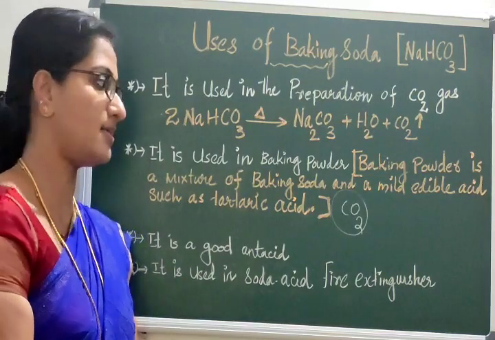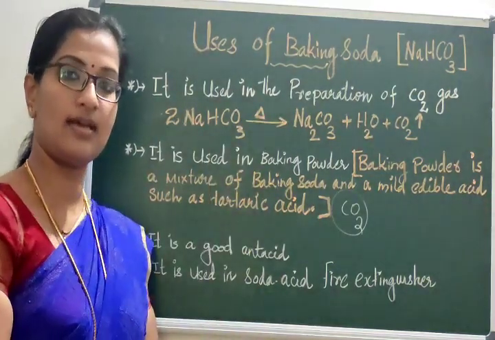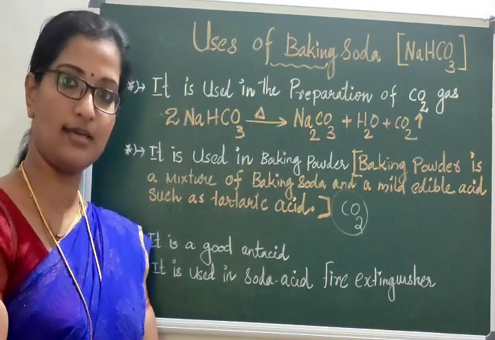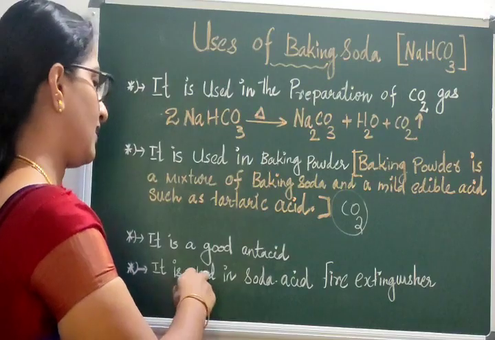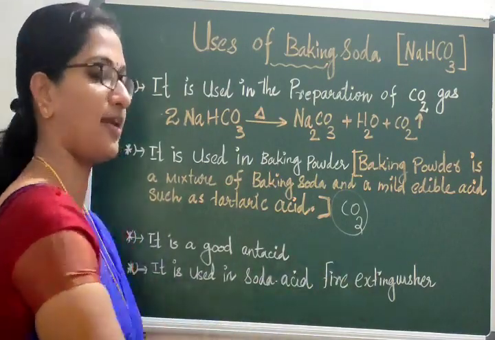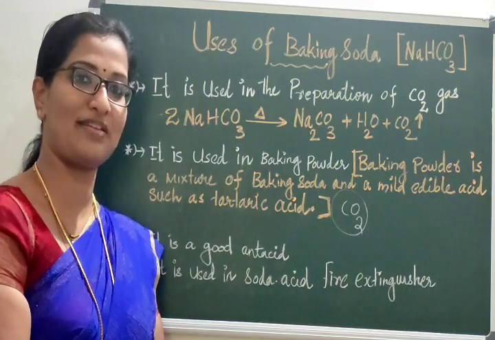You know that since it is basic in nature, this is a very good antacid for acidity and all. And finally it is used in soda acid fire extinguisher. What is the role of soda acid fire extinguisher?